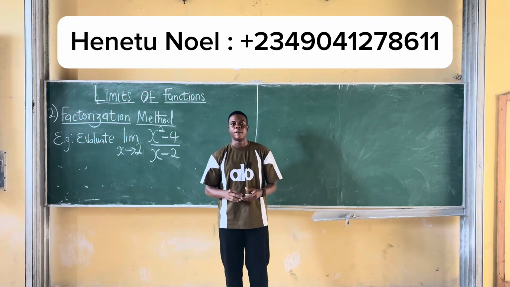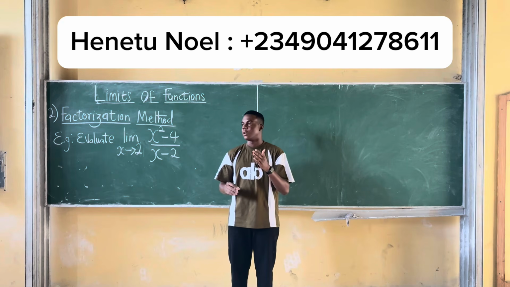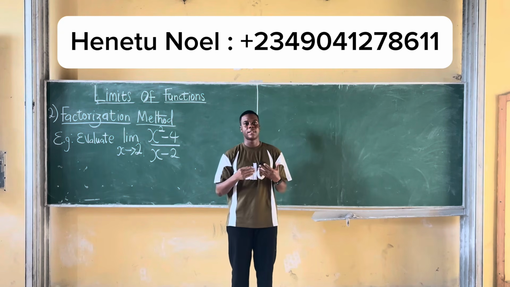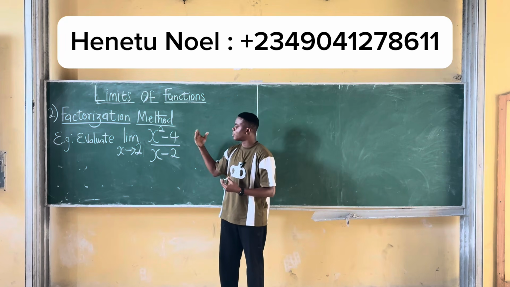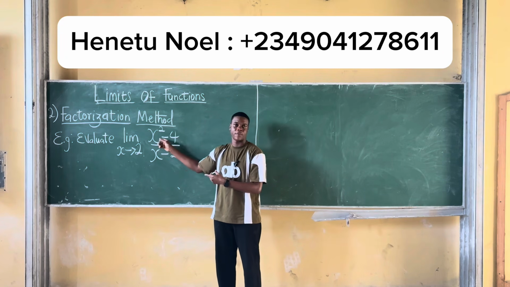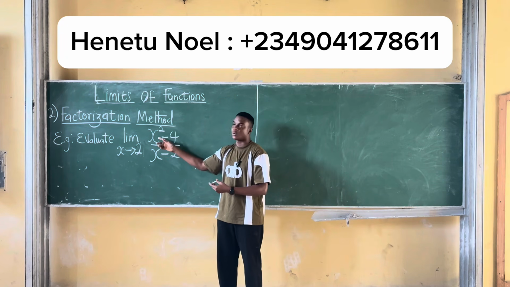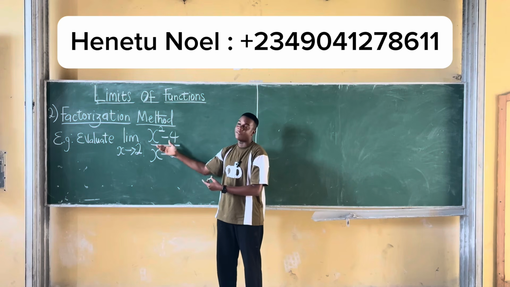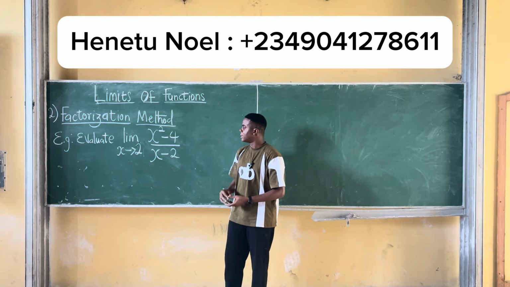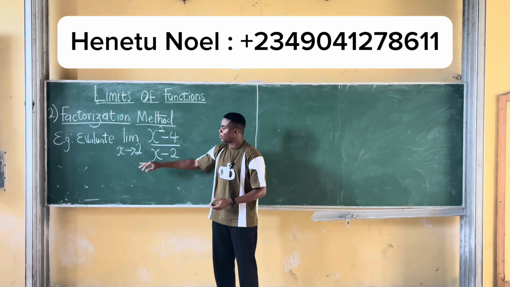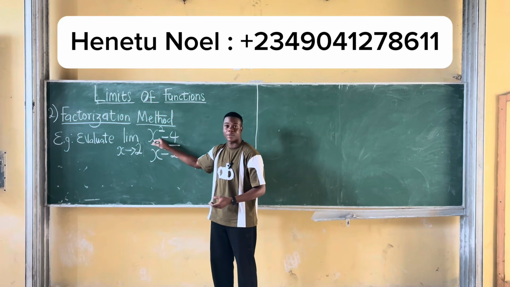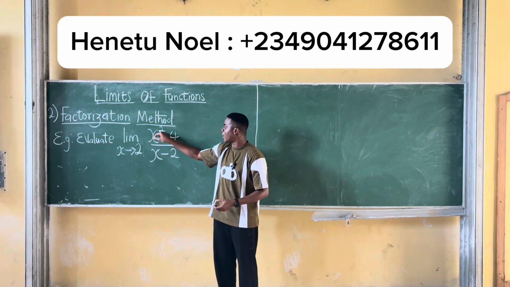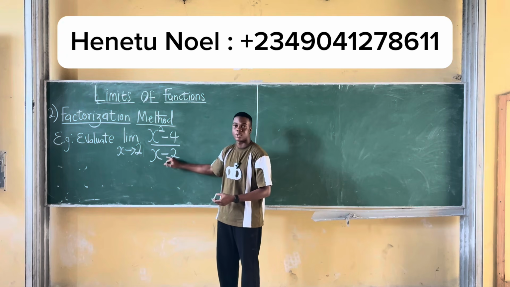Of course, if you have seen the video on the substitution method of evaluating limits, you'll see that in the functions we had there, we simply substituted the value for x into the function, and by that, we're able to evaluate the limit. But in this case, if we use direct substitution and we put 2 in place of x, we're going to be having 2 squared minus 4 over 2 minus 2.